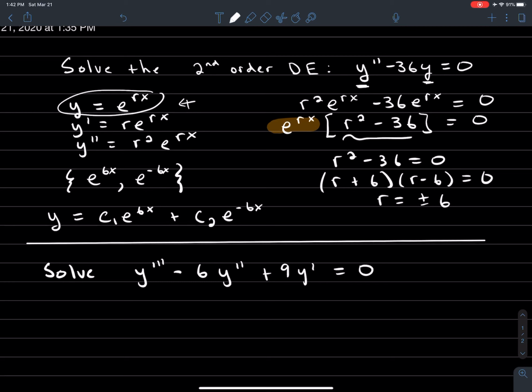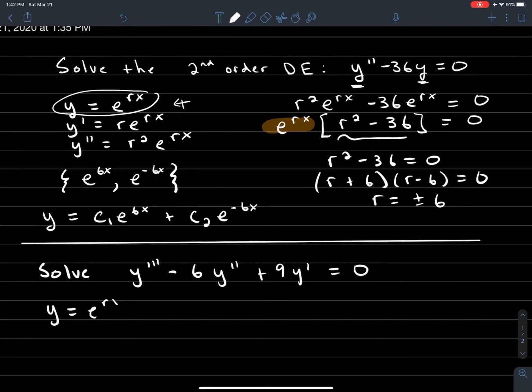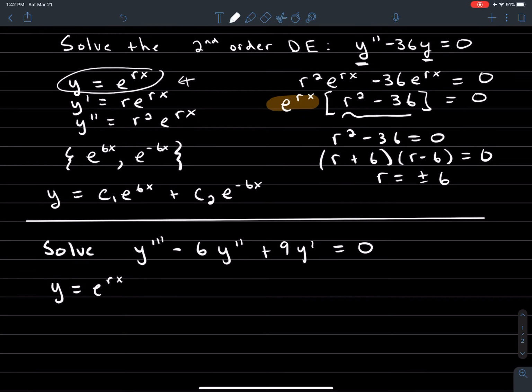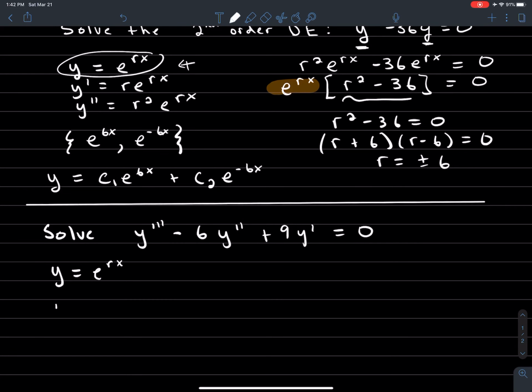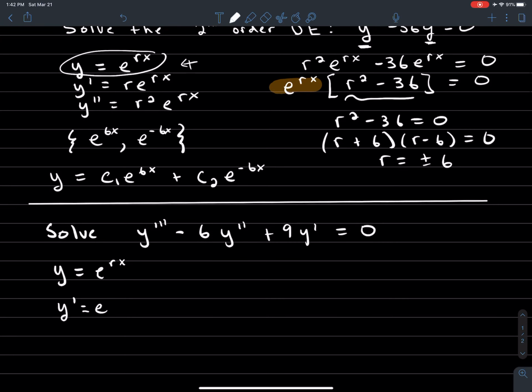And we're going to do the same thing. y equals e to the rx, and take the derivative. y prime equals, oops, let's put that r in front, r e to the rx, and y double prime equals r squared e to the rx.